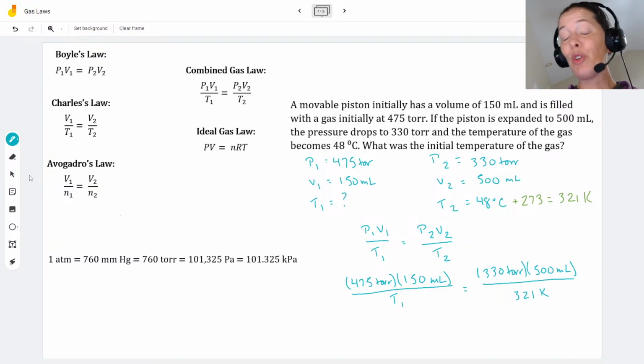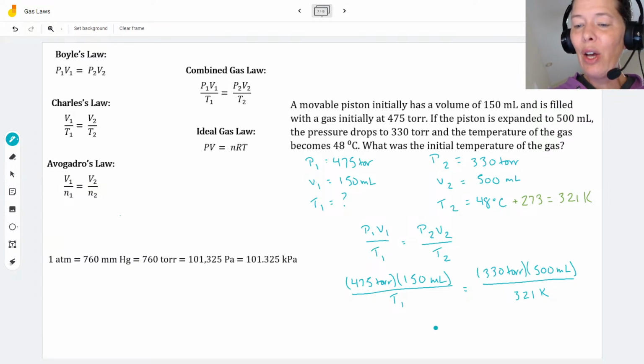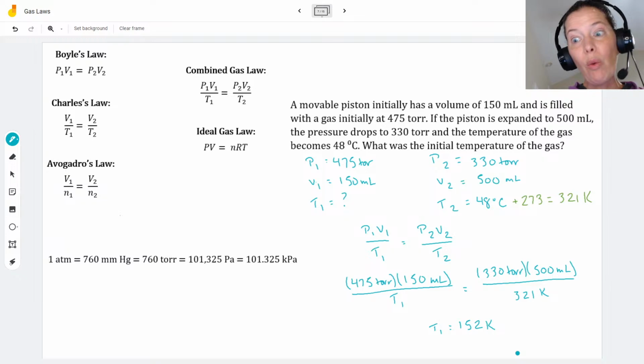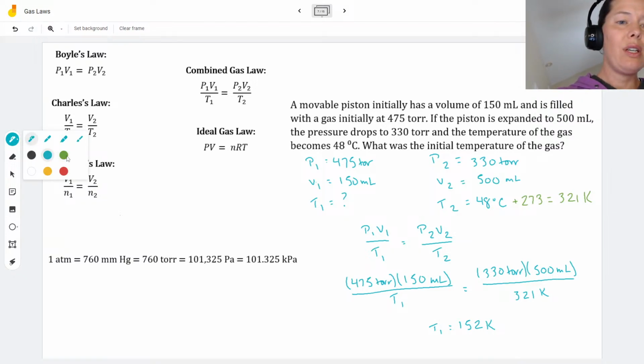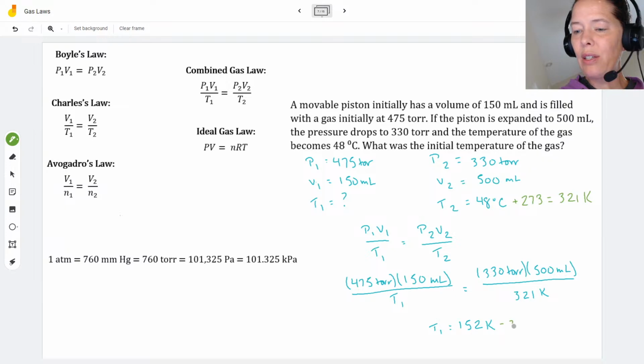But however you want to solve this algebraically, when we solve for T1, we get 152 Kelvin, which if we want to convert into Celsius, we are going to subtract 273, which would give us a T1 of negative 121 degrees Celsius.